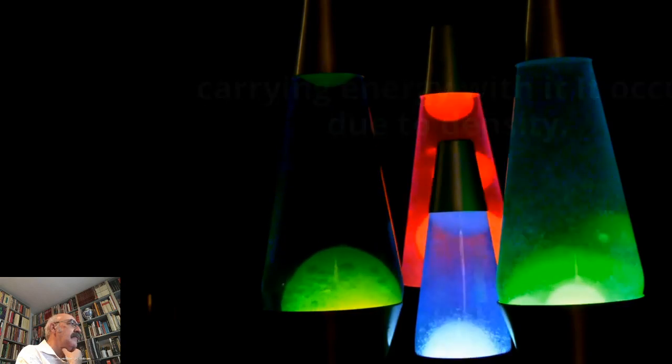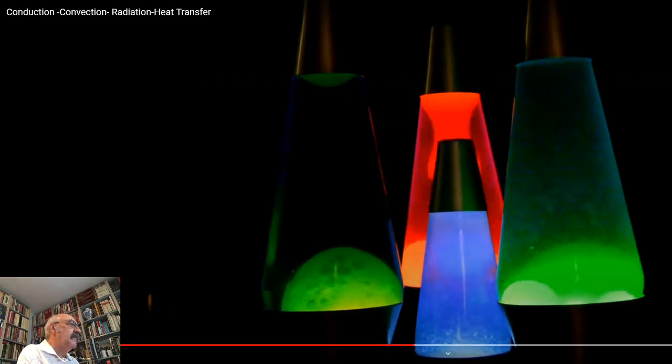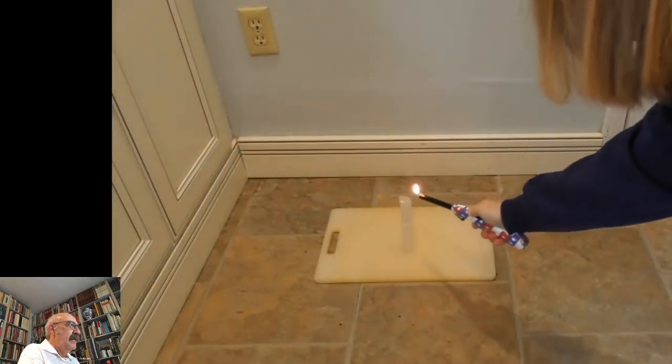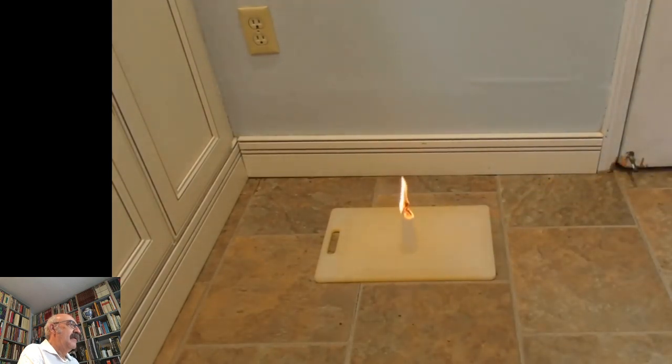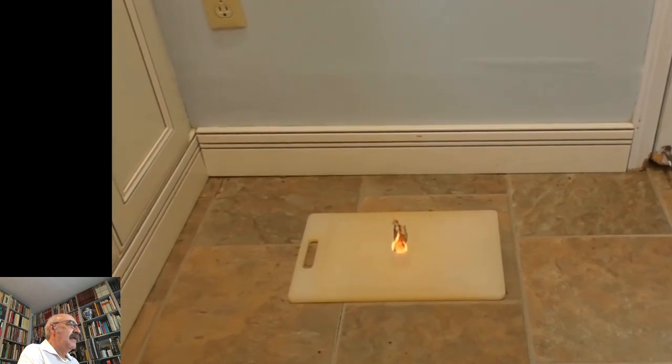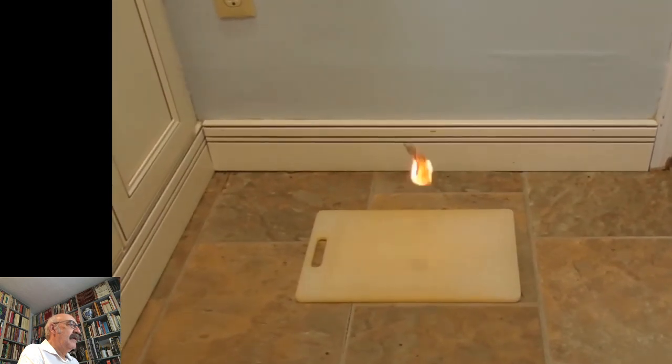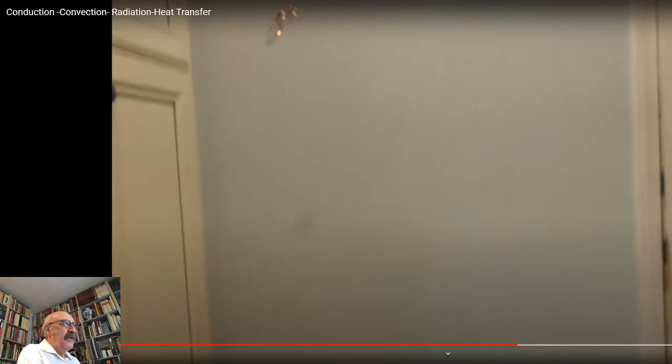Lava lamps are examples of convection. As the liquid is heated, it rises and falls as it heats and cools. As the paper burns, the air is heated up and begins to rise. The burning paper is swept up in the convection current, cools, and falls back down. Can you see that?